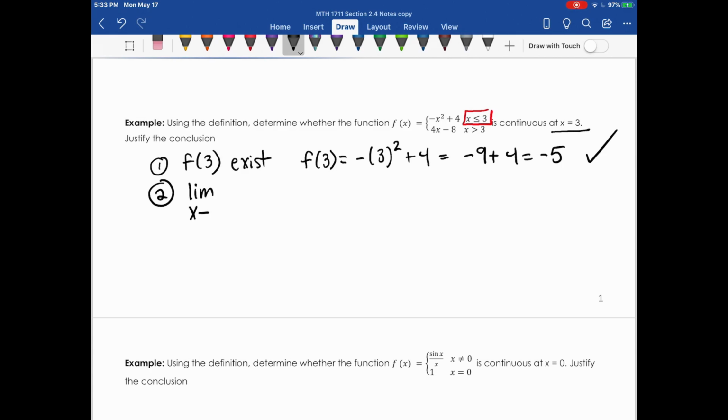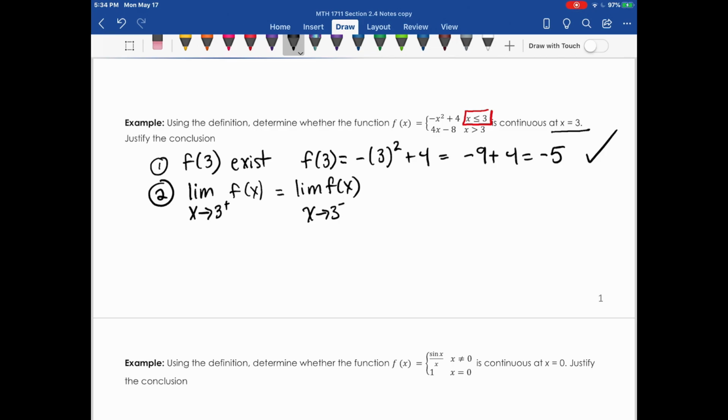I want to see if the limit coming from the right of 3 exists, and that it equals the limit as x approaches 3 from the left. So if I find the limit of f of x as x approaches 3 from the right, I want to look at the piece where x is greater than 3.